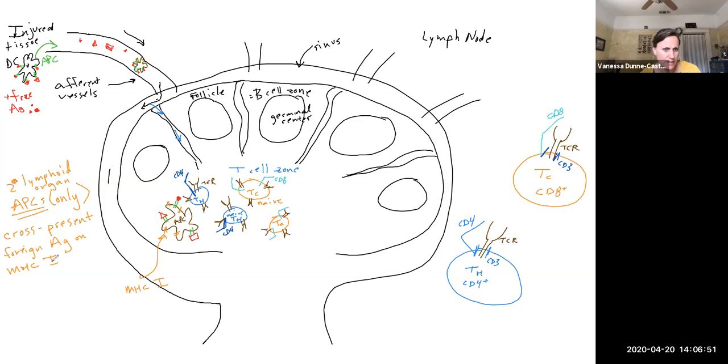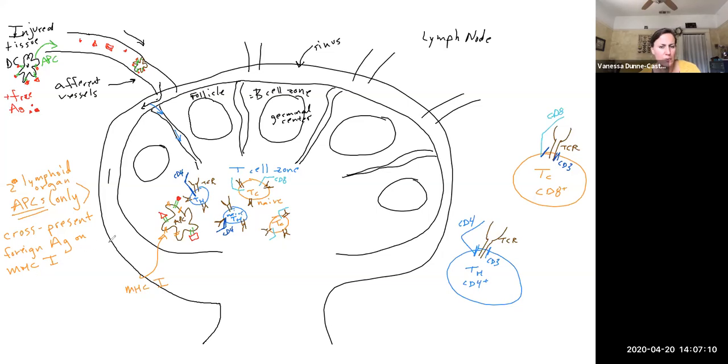This is unique because if you have foreign antigen on MHC class 1, that usually means that cell is infected or damaged and it causes the destruction of the cell. But only in the secondary lymphoid organs, antigen-presenting cells may cross-present foreign antigen on MHC class 1.